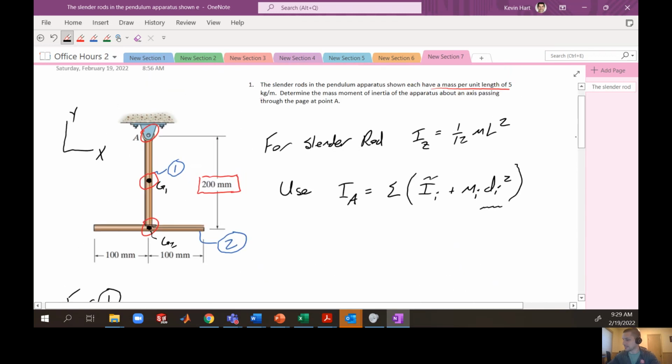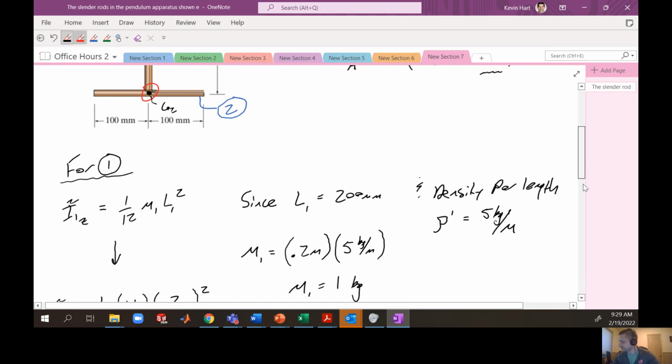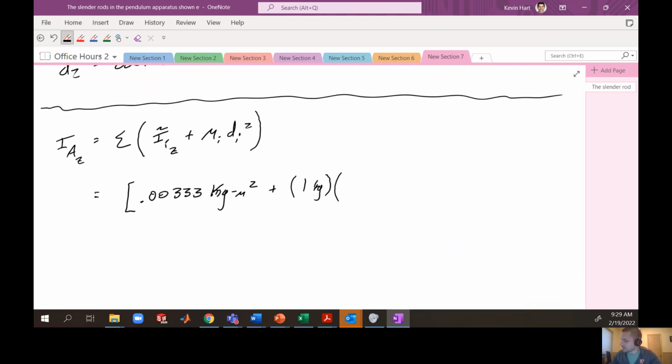Again, it is this distance here that you see between the Z axes of point A and point G1. So 1 kilogram times 0.1 meters squared. And this is for object 1.